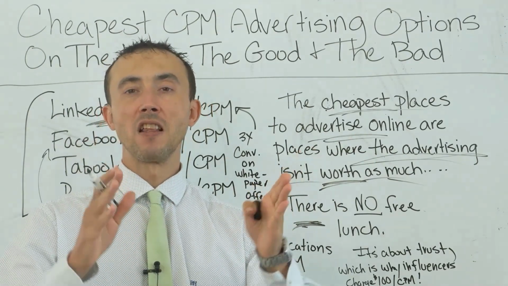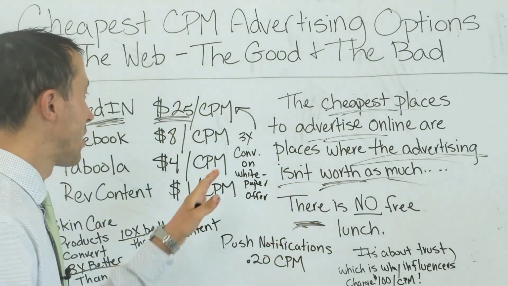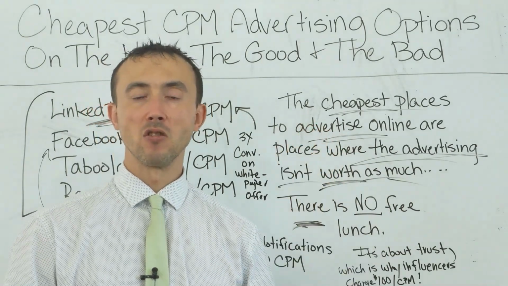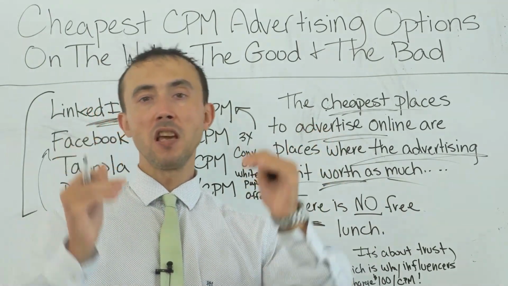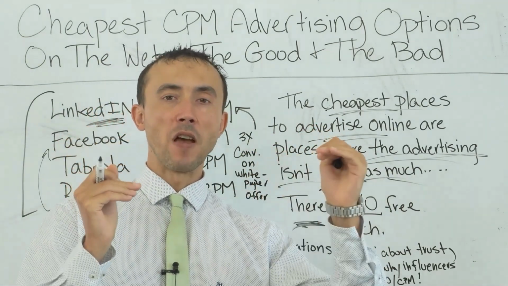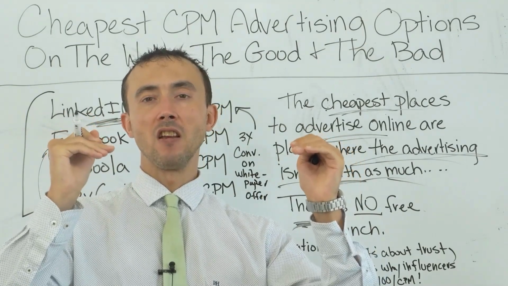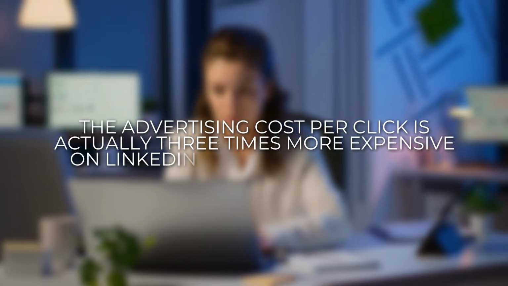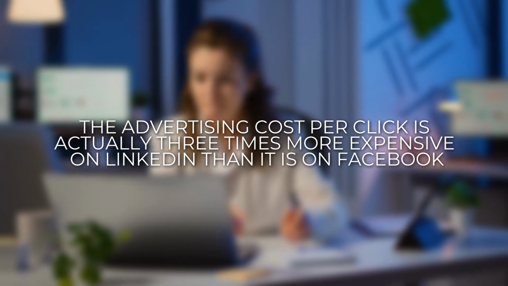What you'll end up finding, like we have found at our firm, advertising white papers for a push notification software app, is that the cost per lead is actually similar on Facebook as it is on LinkedIn, even though the advertising cost per click is actually 3 times more expensive on LinkedIn than it is on Facebook.